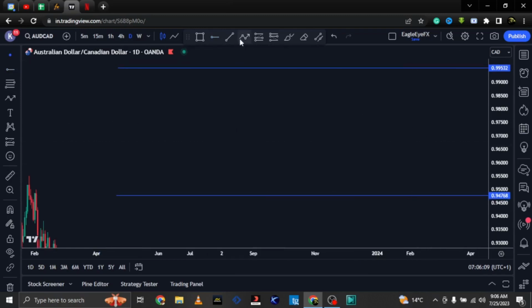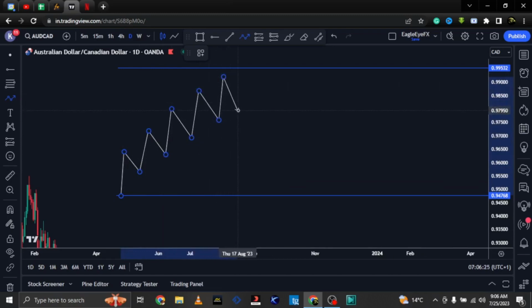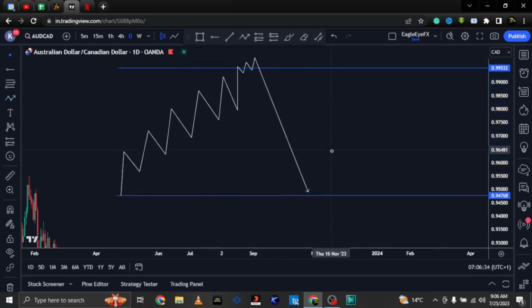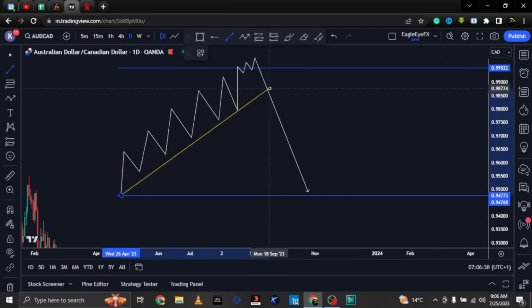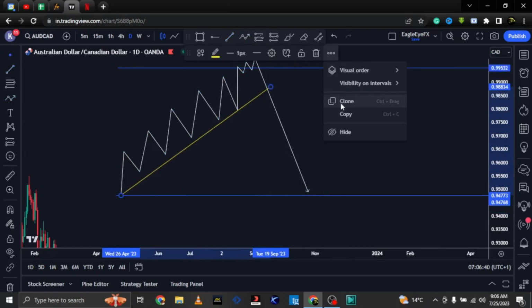Now basically, there are a few things that we'll be looking at, and that's what I'll be teaching. We have a market here. Once we have a market that is on an uptrend like this, the first thing we want to look for is such a pattern. You can see that the market is very bullish over here.